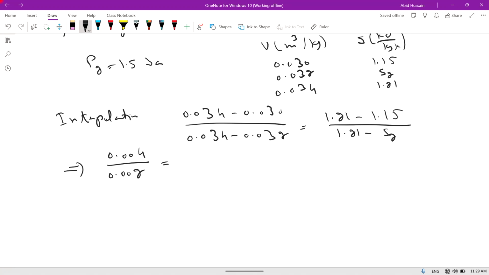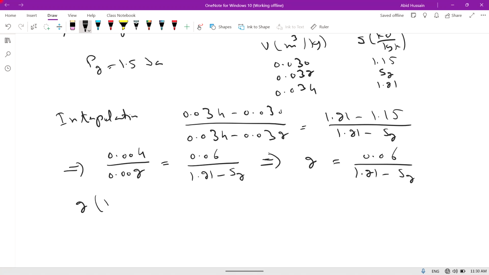1.21 minus 1.15 is equal to 0.06, divided by 1.21 minus S2. So 0.004 divided by 0.002 is equal to 2, which is equal to 0.06 divided by 1.21 minus S2. Cross multiply, so 2 into 1.21 minus S2 is equal to 0.06.